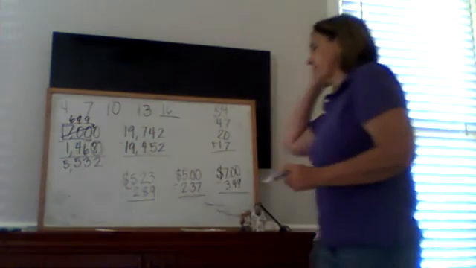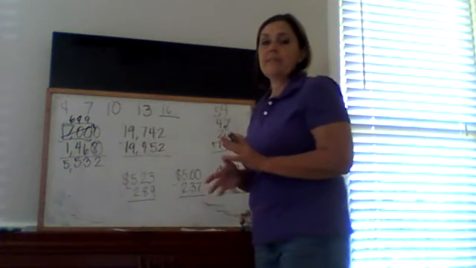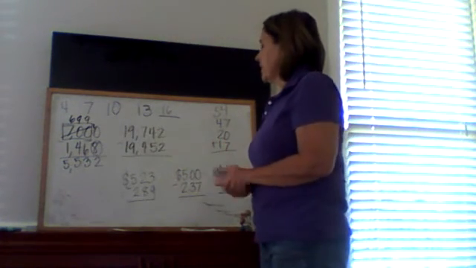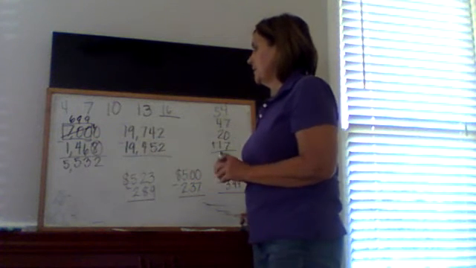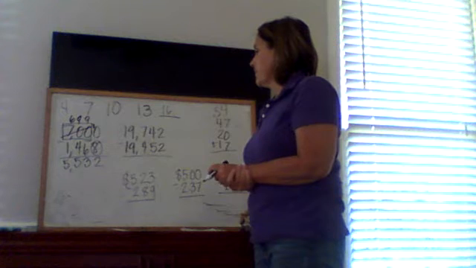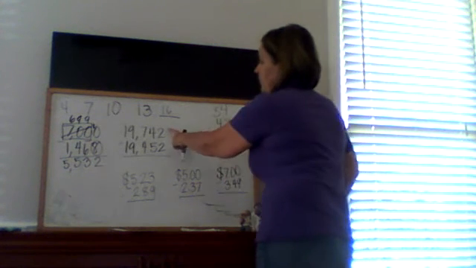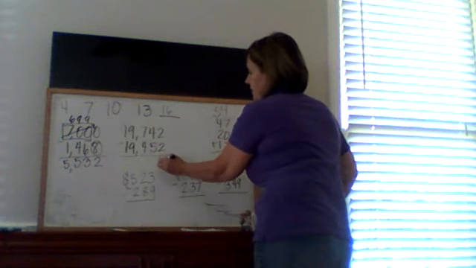5,532. On this one, we're subtracting to the 10,000s. So write it down and pause the video as you're writing it. Again, we start in the smallest place value, and that's the ones. 2 take away 2 is 0.